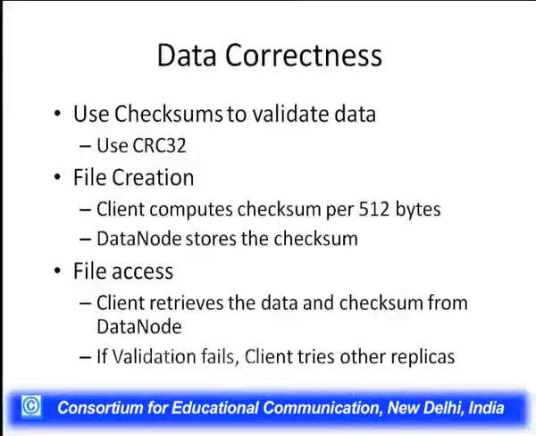It does this by using checksums to validate data. Then there is a proper file access order, because the client retrieves data and checksums from the data node, and if the client fails to access this data node, then it goes to the replica.